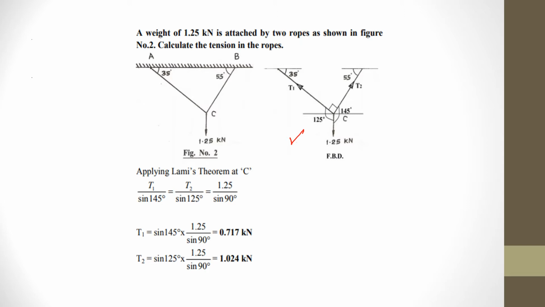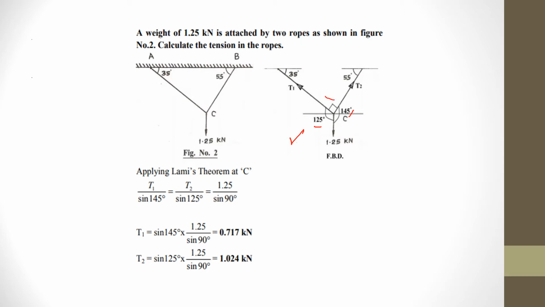So we will use Lami's theorem, that is force divided by sine of the angle between other two forces. So T1 divided by sine 145, then T2 divided by sine 125 and 1.25 divided by sine 90.